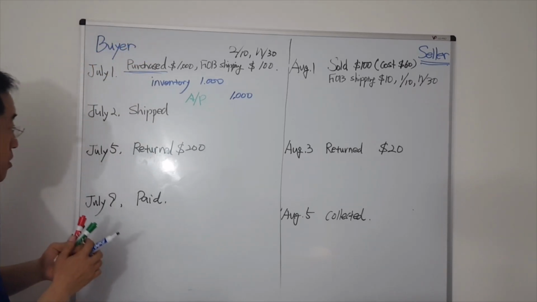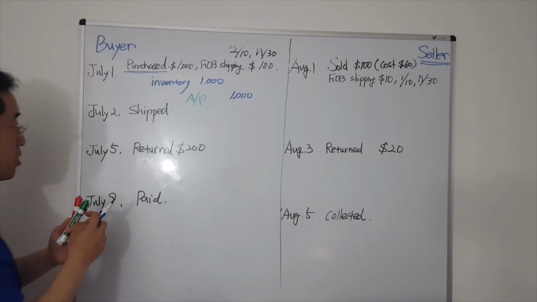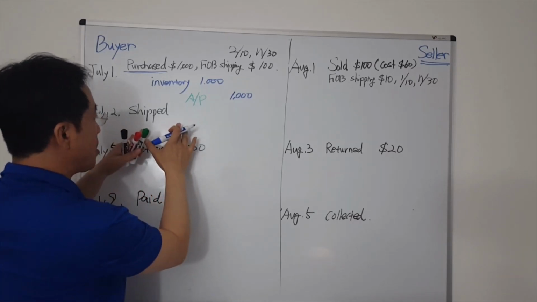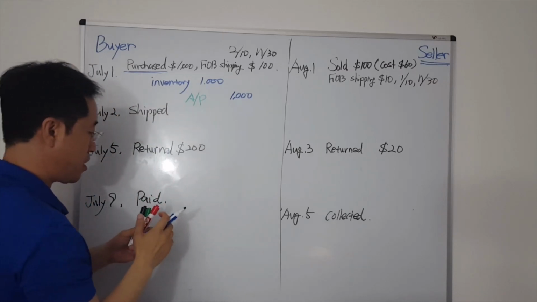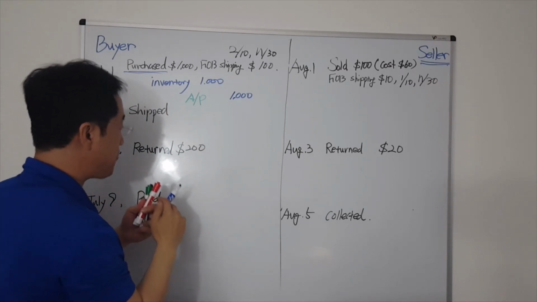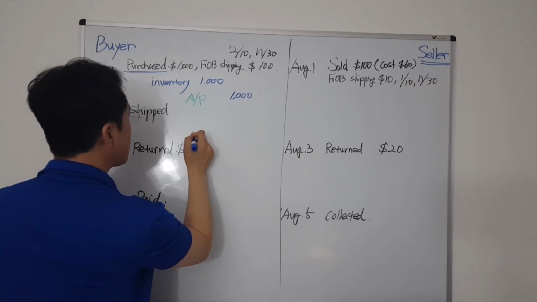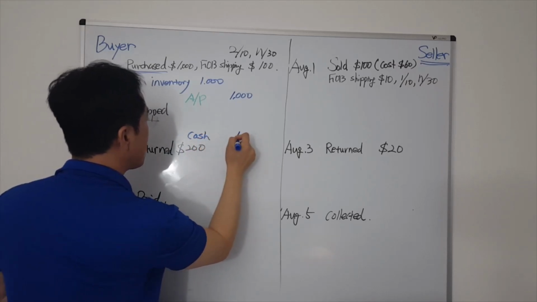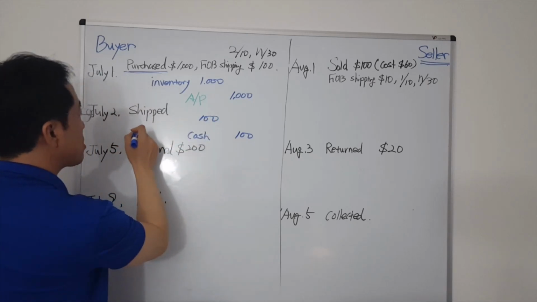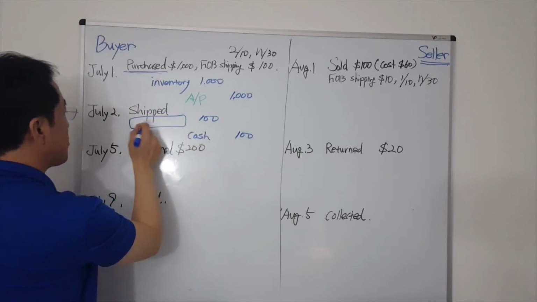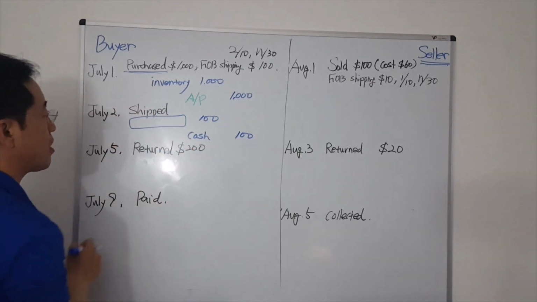Alright? So cash, debit, and credit. What's debit? What's credit? Definitely cash out $100. What's the name of the debit account?